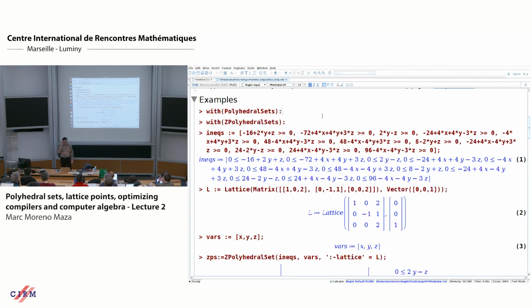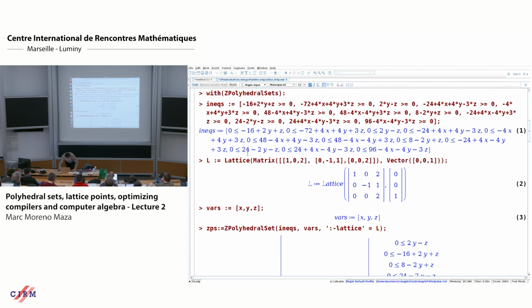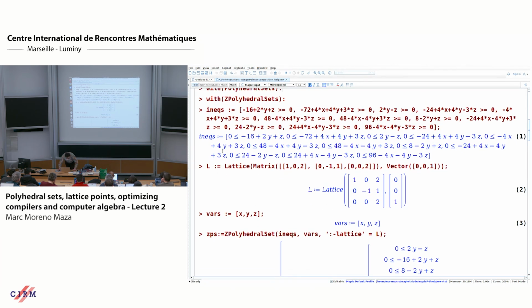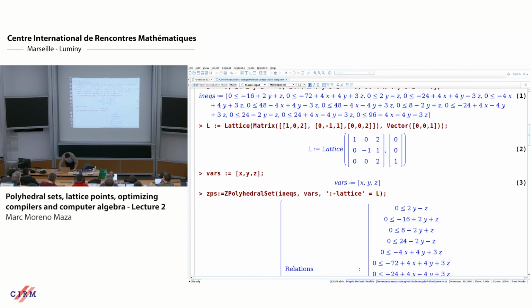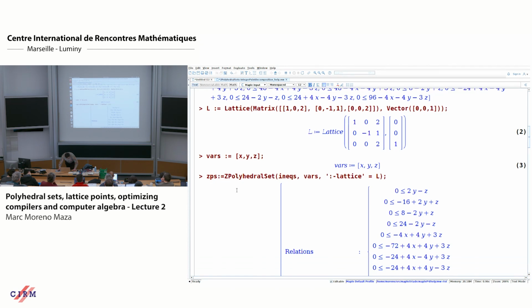Inside the PolyhedralSets package in Maple, we have a sub-package called ZPolyhedralSet, specialized in manipulating Z-polyhedra. For instance, here we build a lattice. Here we have a system of linear inequalities, and then we put these things together to build a Z-polyhedral set.